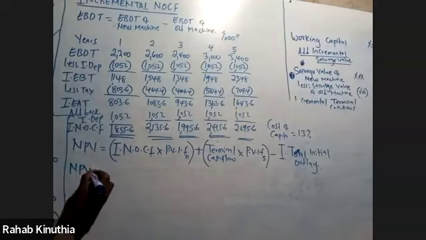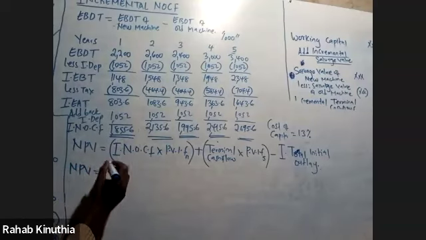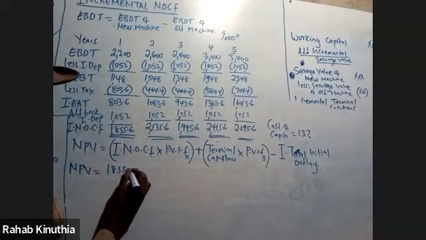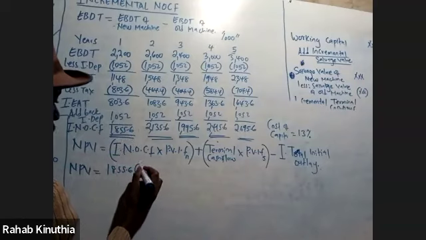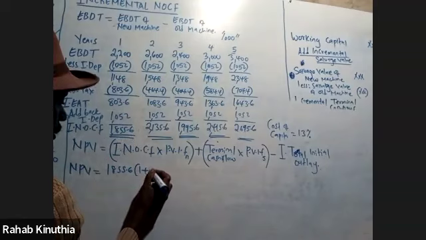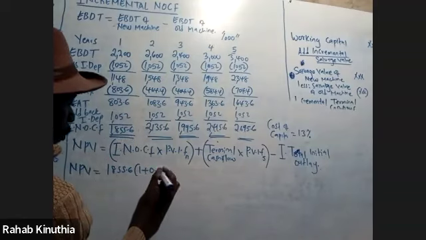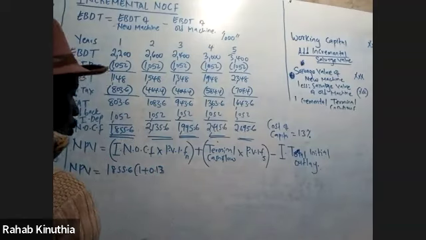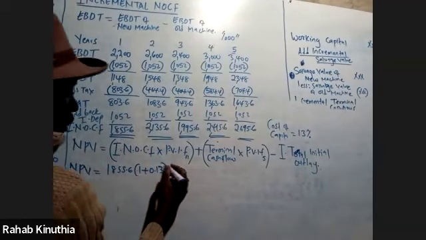So NPV will be equal to 1855.6 multiply with 1.13 raised to -1.